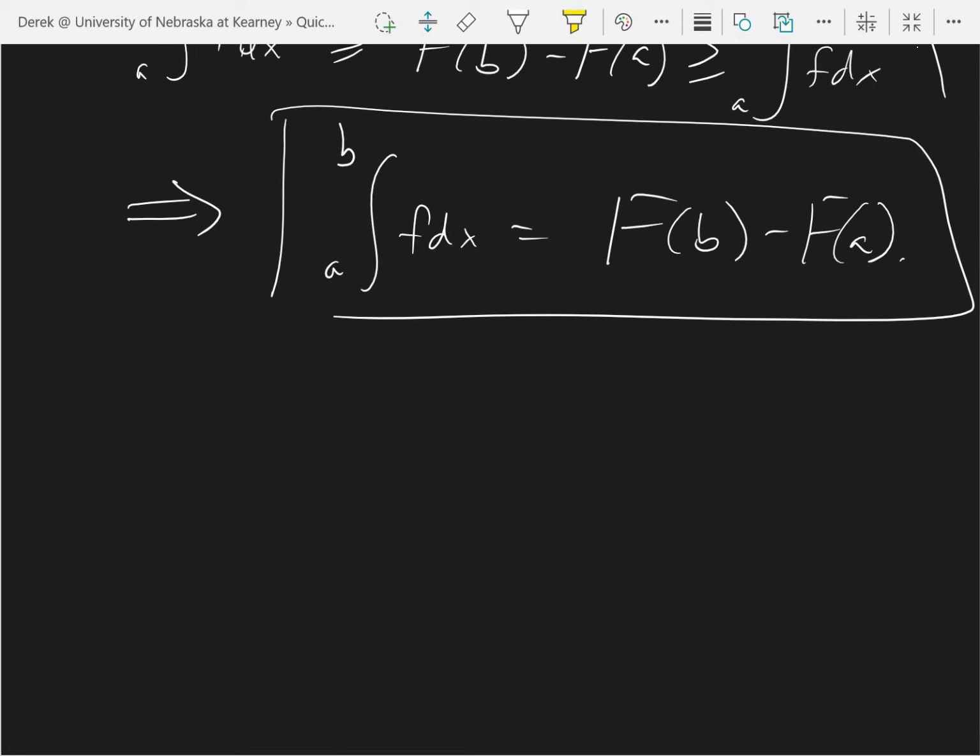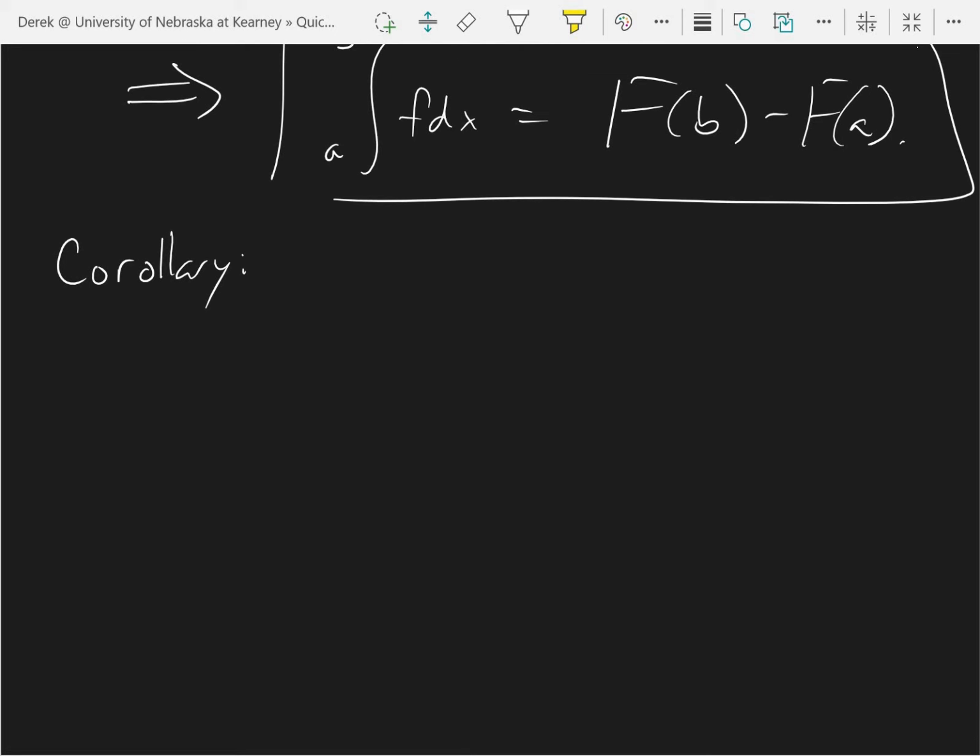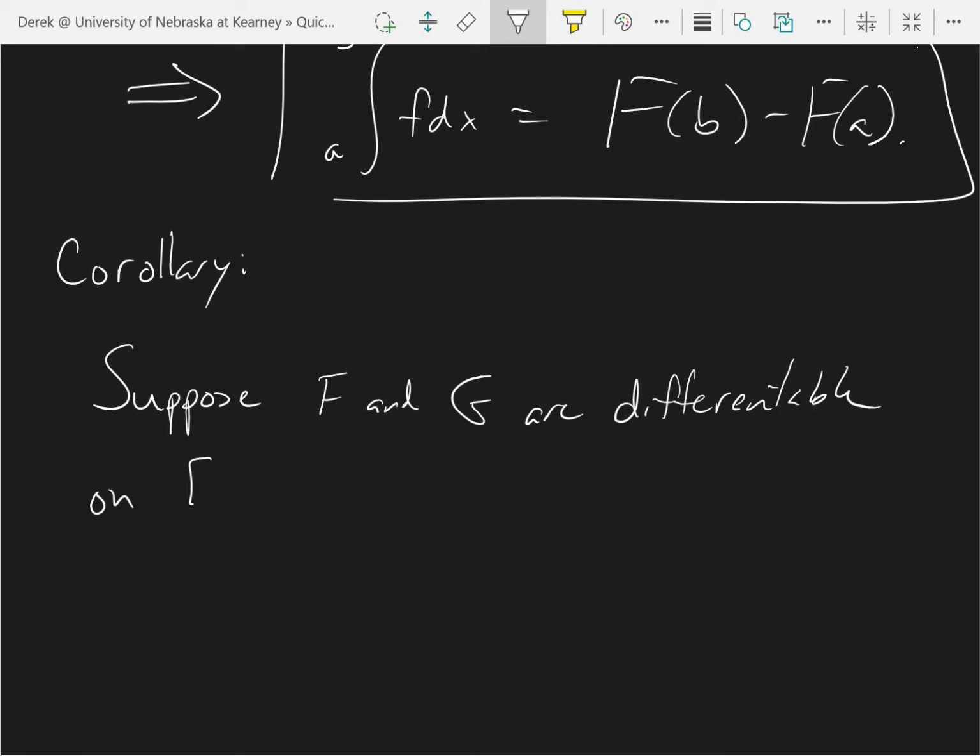Let's do a quick corollary. And this is integration by parts. So suppose F and G are differentiable on (a, b), and F prime and G prime are integrable.